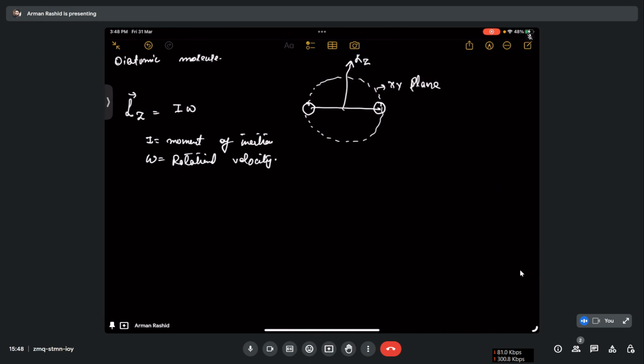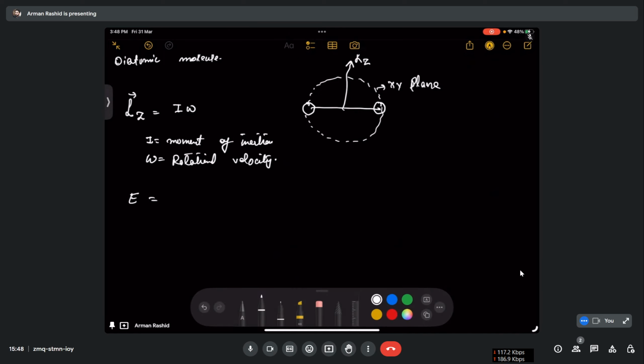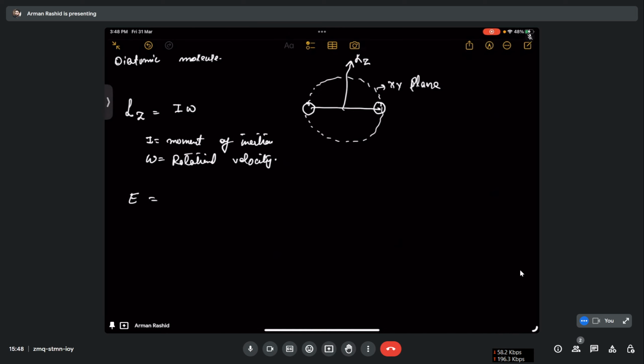Now what is the energy of this state when the diatomic molecule is rotating in the xy direction? Classically we can see that the energy is 1 by 2 I omega square.